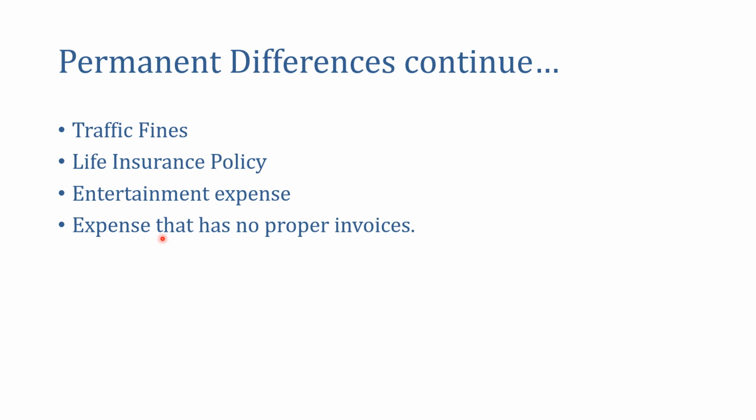When you read a question, you can easily pick them up. However, there are also other permanent differences that can be due to a capital gain, CGT. Depending on the question, you have to be very careful if you have any CGT, and check the portion of CGT that is going to remain permanently and will not change. That's going to affect your permanent differences as well.